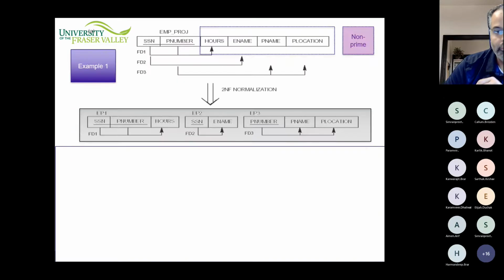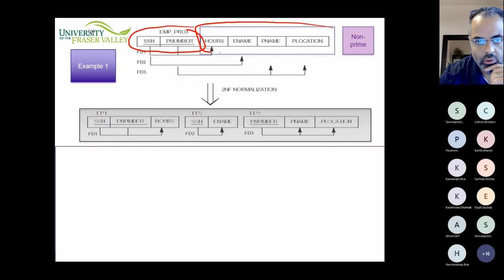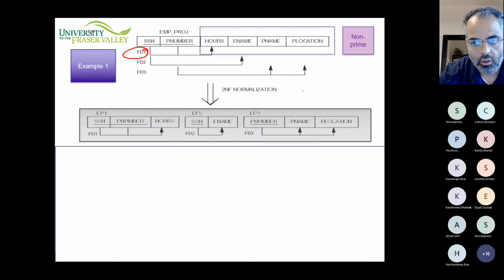Okay, let's take an example to understand more. We have this table. This is a primary attribute and this is a non-primary attribute, which is not part of a primary key or candidate key. And we have FD1: SSN, P number gives hours.